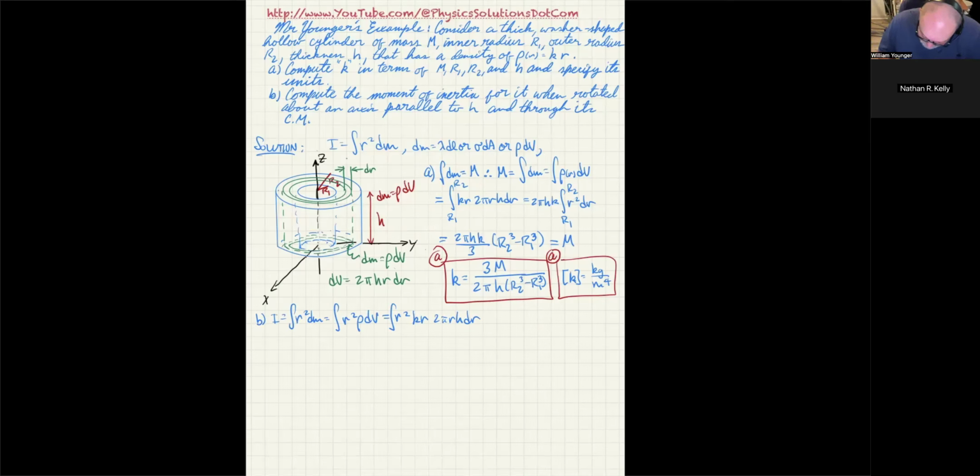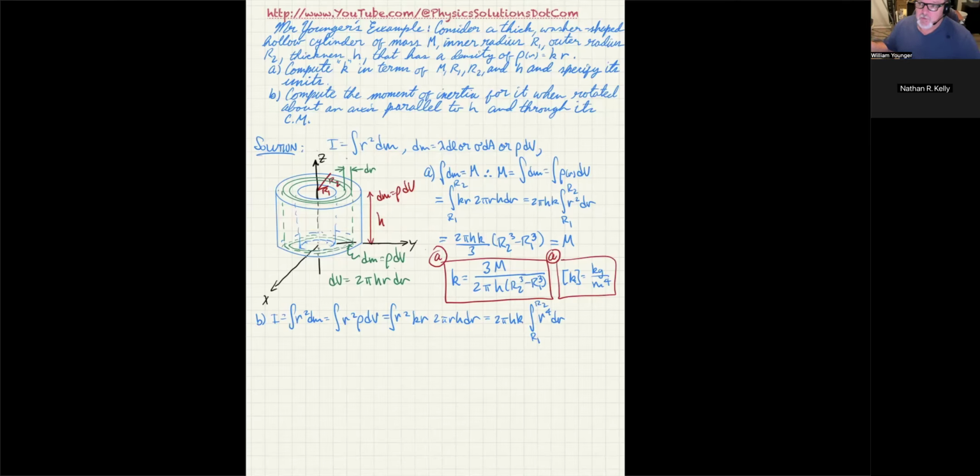So now we see we have an r squared, r times the k, and then we have another r in the formula. So in fact, we have r to the fourth power here. So with that in mind, we can pull out all the constants. That's going to be 2 pi hk. All of that's out in front, and now we're going to get the integral of r to the fourth dr, from r equals r1 to r equals r2.